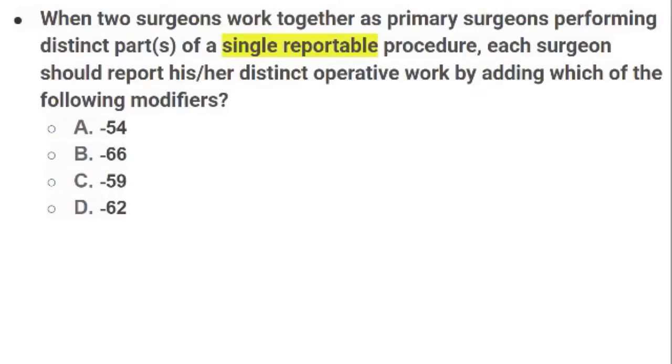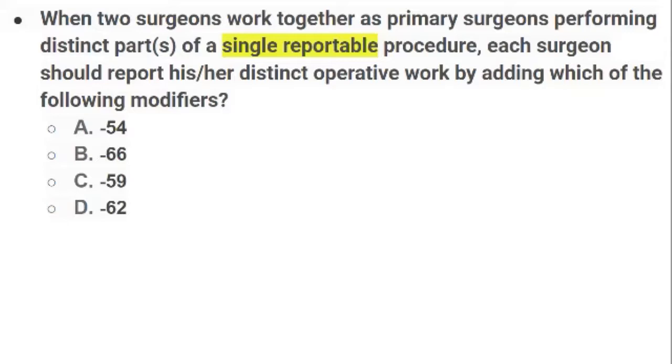Okay. When two surgeons work together as primary surgeons performing distinct parts of a single reportable procedure, each surgeon should report her distinct operative work by adding which of the following modifiers? Whoever said 59, how many surgeons do we have? 2.